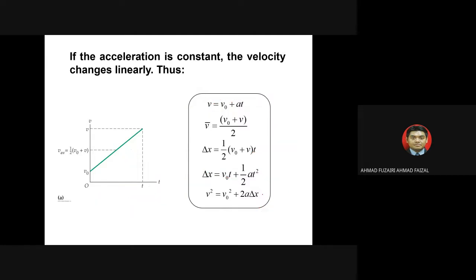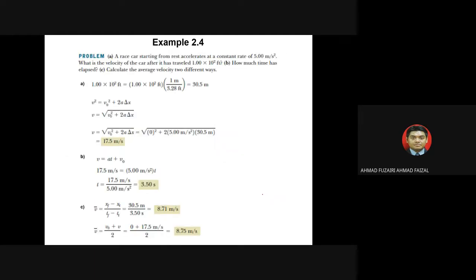Now we will look further at examples. I think all of you have already gone through these examples one by one.